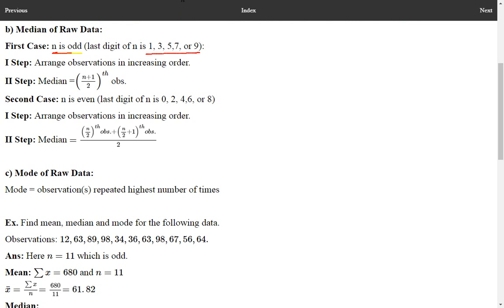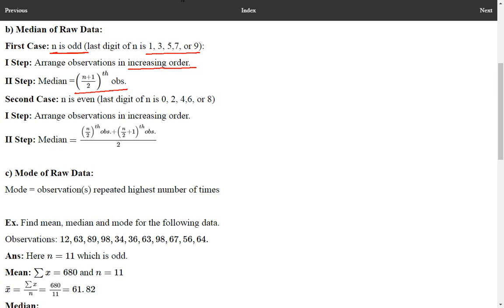So number of observations is odd. In this case, the first step is to arrange observations in increasing order. Second step, find median by the formula n plus 1 by 2th observation.